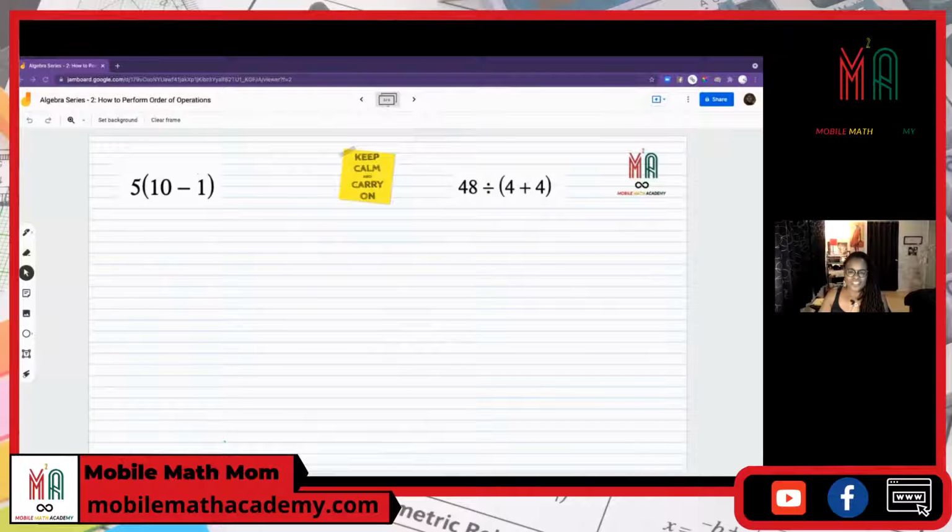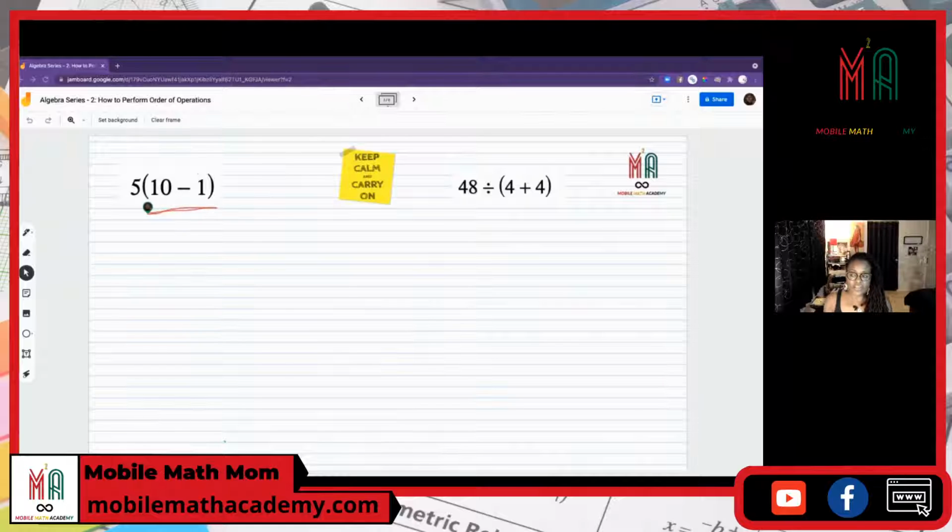The next thing we want to look at is these two. Now we have parentheses here. Remember, PEMDAS says parentheses, exponents, multiplication, division, addition, and subtraction. So we perform what's inside this parenthesis first.